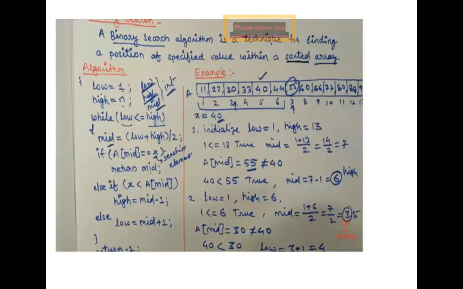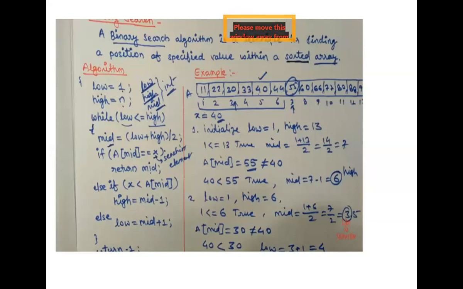This is the binary search algorithm technique to find the position of a value in the sorted array. We consider the starting index of the array as low and the ending index as high.